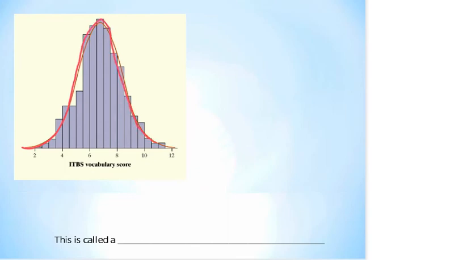Now, yes, it does not exactly represent all of the data, but it is generally a good picture of what's going on. So this is called a density plot, or density curve. This density curve happens to be the ITBS vocabulary scores for 947 7th grade students in Gary, Indiana.